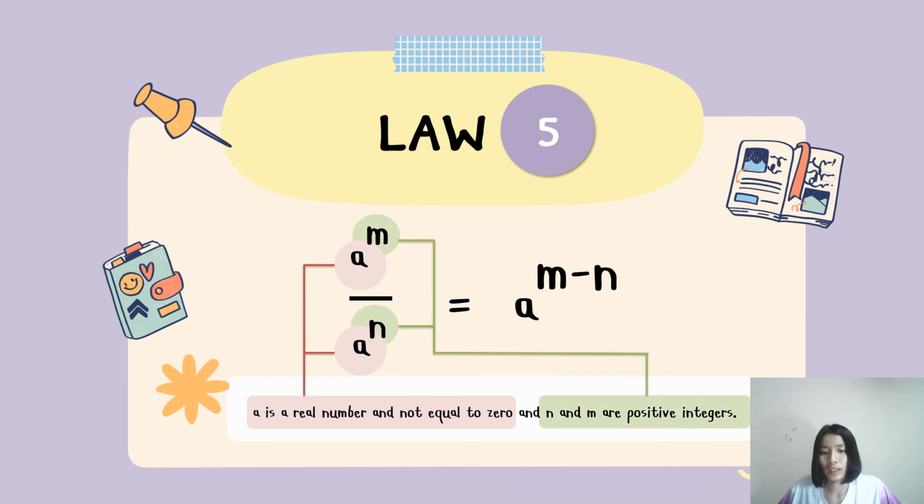This law means that if the numerator and denominator have the same base, but they have different exponents, then you can just copy the base and then subtract the exponent of the denominator from the exponent of the numerator.